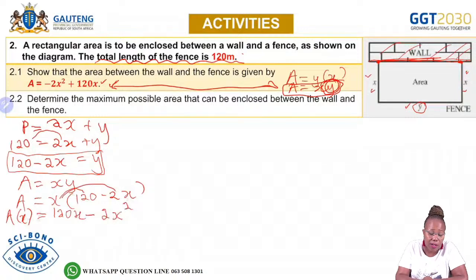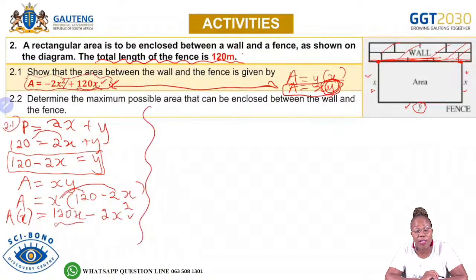Does it agree with the area that was given to us, to show that the area between the wall and the fence is given by that equation? Yes, we have minus 2x squared and also the positive 120x. Therefore, our solution is correct for 2.1.